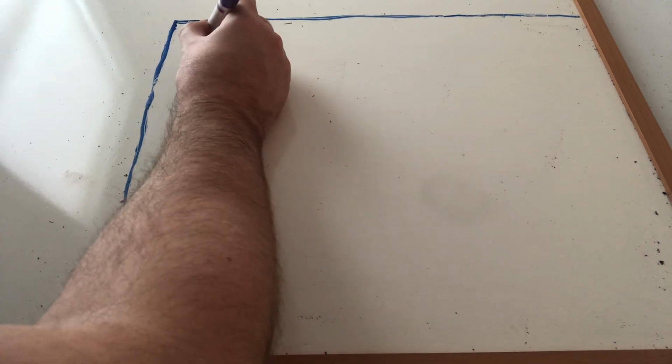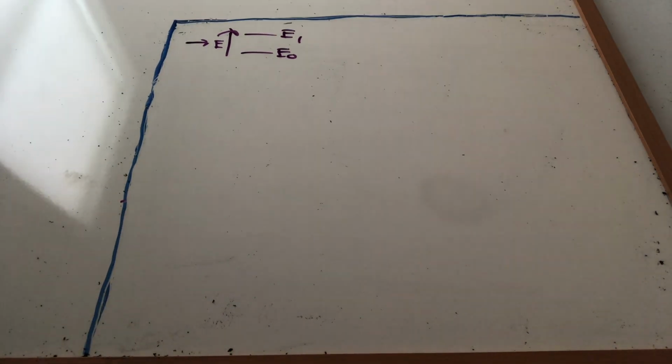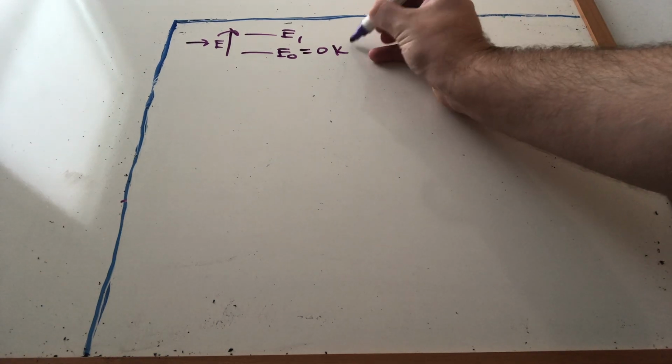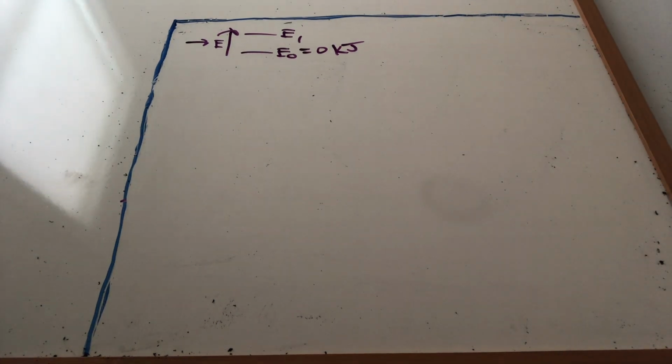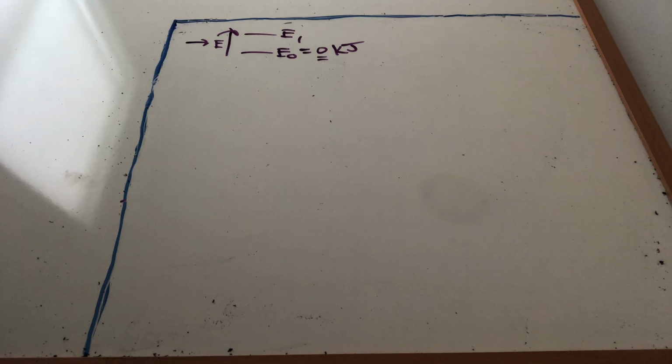We're going to make this energy level diagram. We're going to call this E0 and we're going to call this E1. So there's our two levels, and these are our two energies. And just for the heck of it, we're going to set E0 equal to 0 kilojoules, 0 joules. We can do that without loss of information because really this gap is what matters spectroscopically anyway, okay? So we're going to call this 0 and we're going to call that E1.